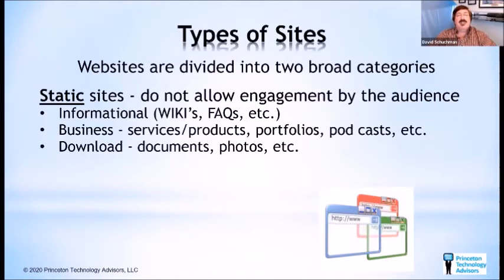Businesses that are just describing their products, their services, their portfolios, if they're offering podcasts, webcasts, blog postings, etc. Really, again, you're providing information one way. Maybe you can download documents and photos. Sometimes you allow for that, but really there's not a lot of variation, not a lot of interaction. These sites are perfectly fine, nothing wrong with them. We'll talk more about website best practices in a couple of minutes.